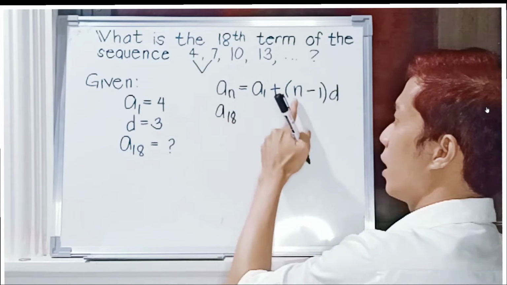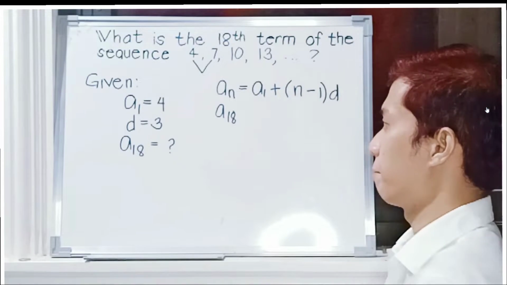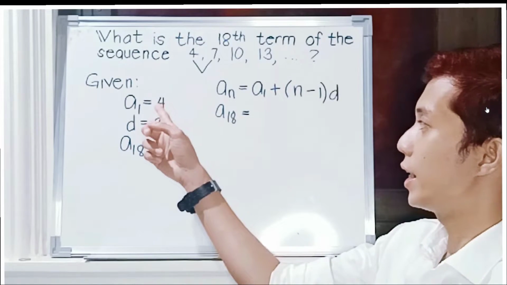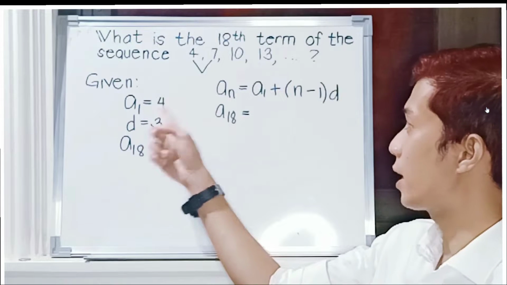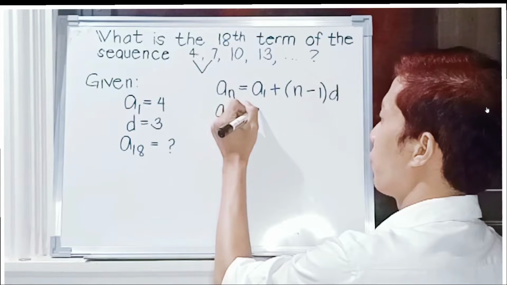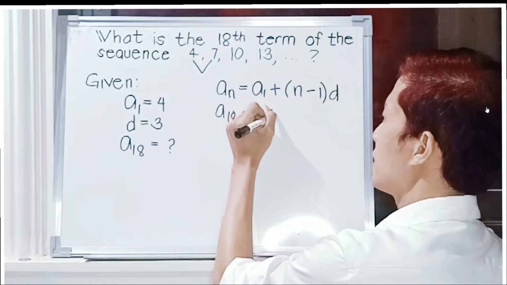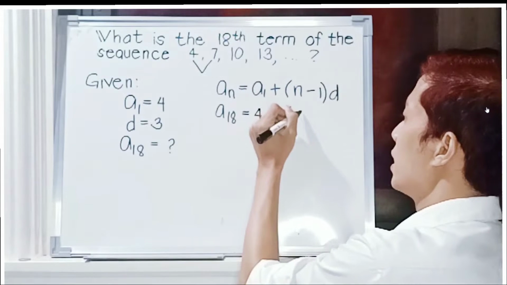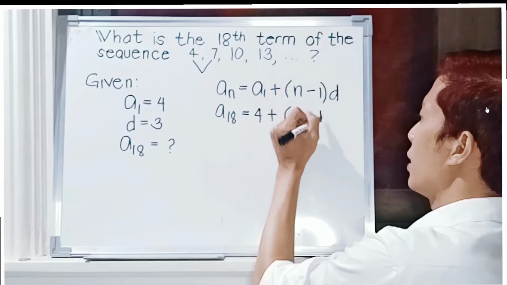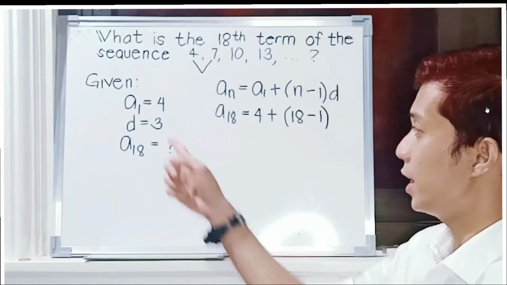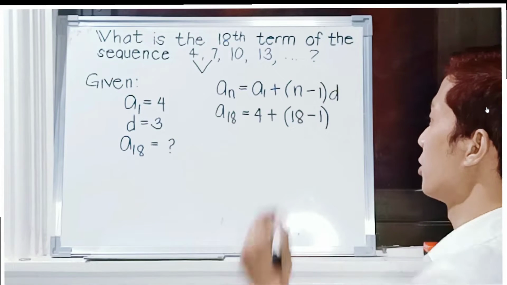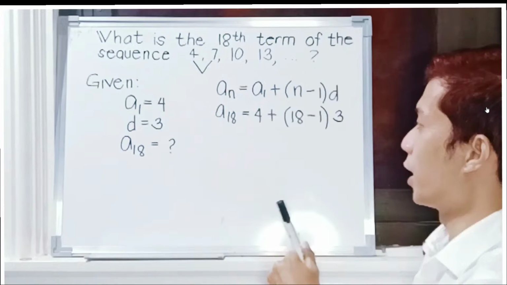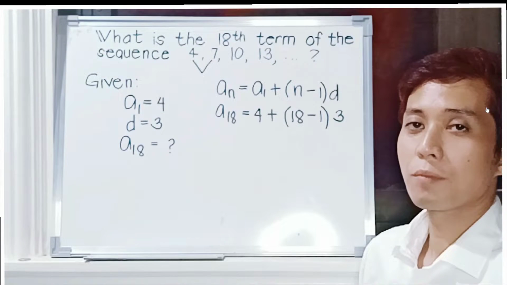All n's in the formula will be replaced by 18. So a sub 18 is equal to, what is our a sub 1? In the given, a sub 1 equals 4, so simply substitute. So substituting 4, we now have 4 plus quantity n replaced by 18, so that's 18 minus 1. Our common difference is 3 in the given, so substitute. So we have a sub 18 is equal to 4 plus quantity 18 minus 1 times 3.